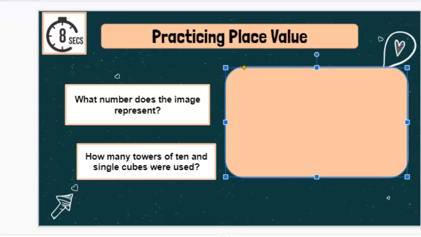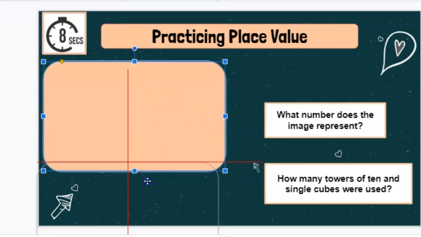Great job. What number did the image represent? That's correct. It was 54. How many towers of 10 and how many single cubes were used? Correct. 5 towers, 4 singles. Next one.